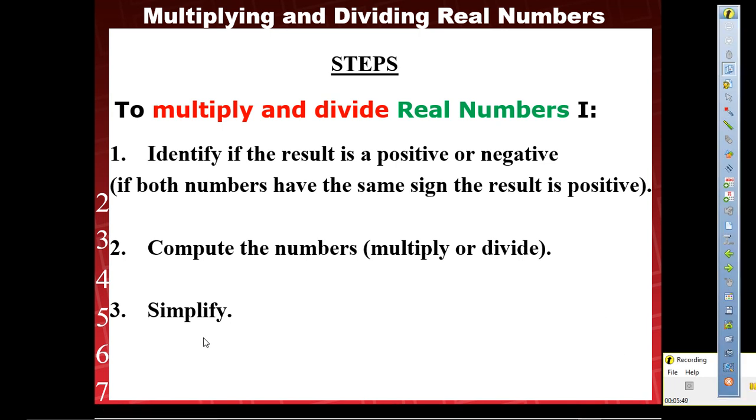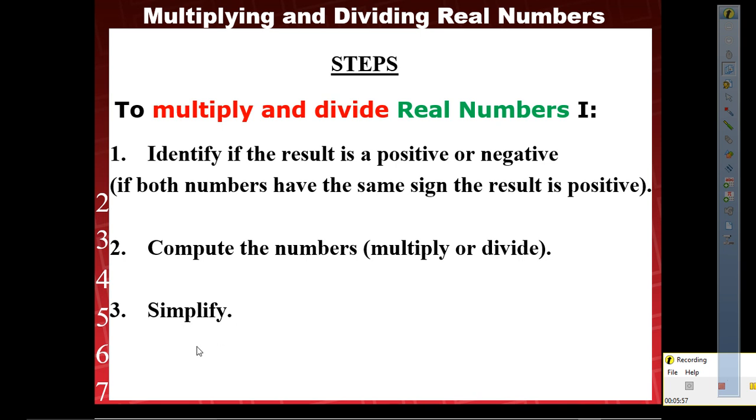Now, before I continue, look at the last step, simplify. So far, up to right now, I've always only asked you to simplify. Think about it. Why haven't I asked you to solve? Why didn't I write solve here?